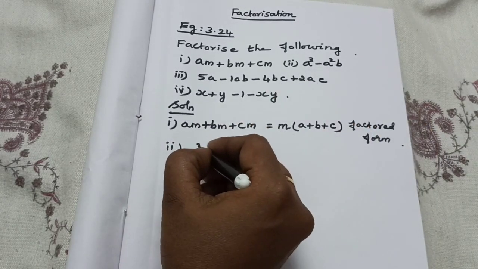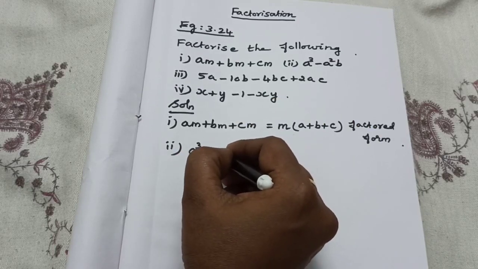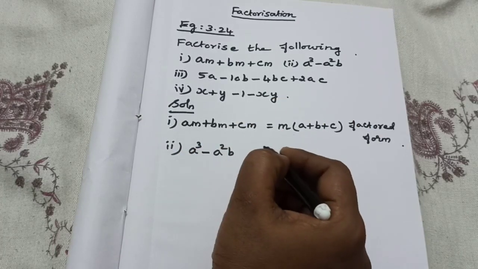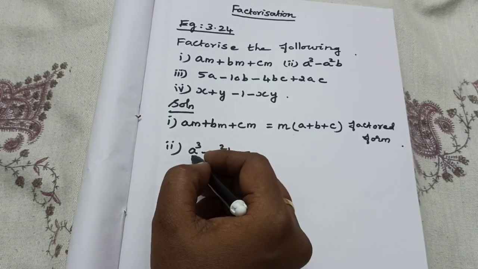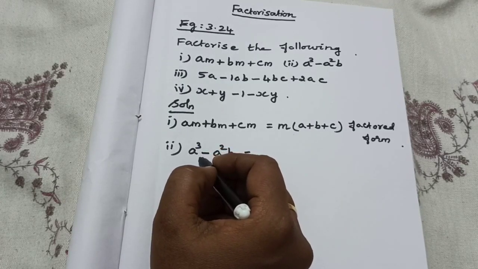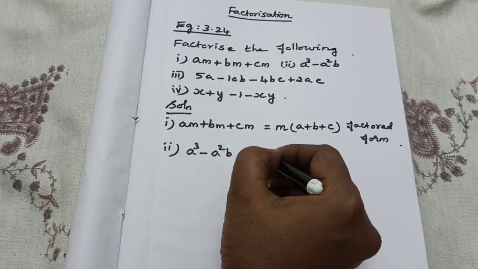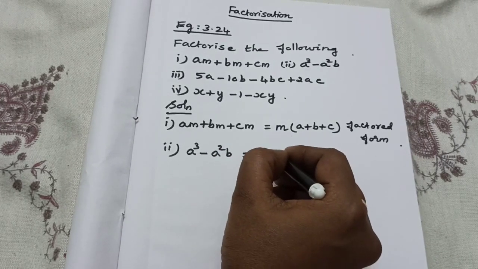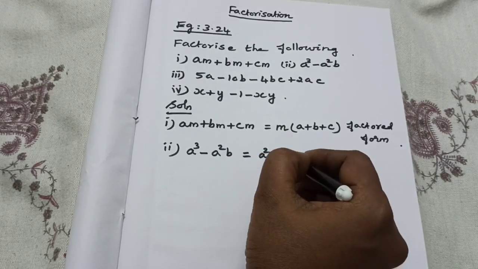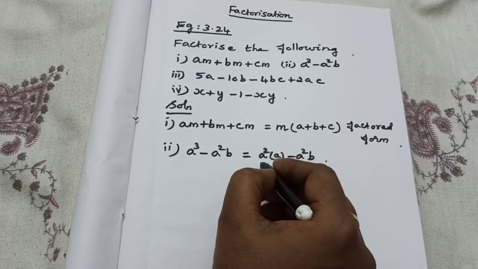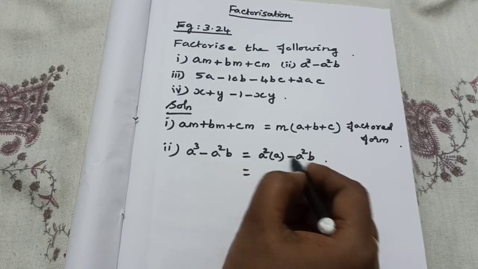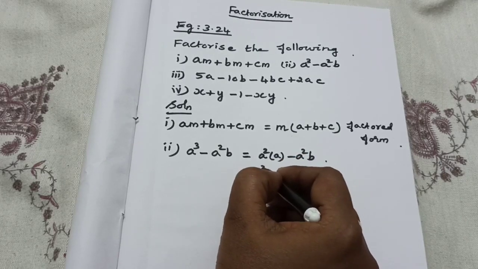Then second one, A cube minus A square B. Here you see, A cube we can write as A square into A, then minus A square B. This is one term, this is another term, and A square is common, isn't it?